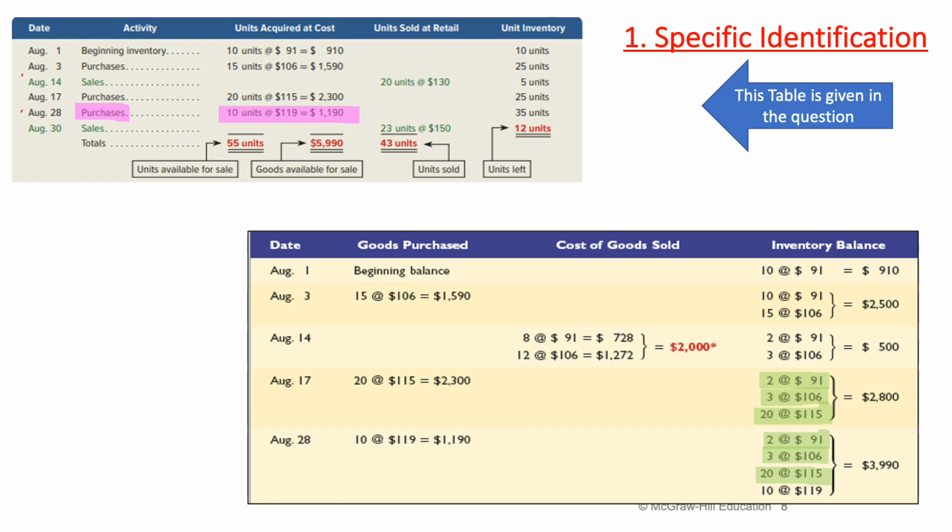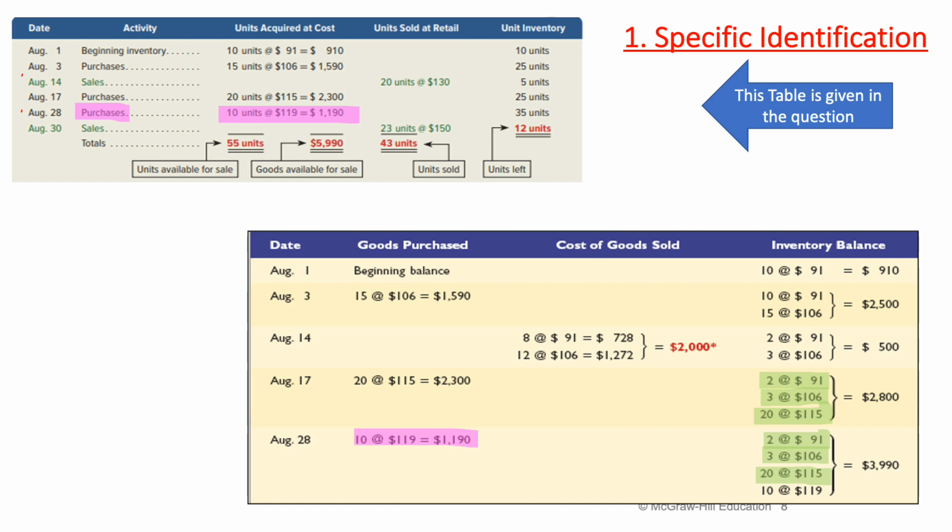I'm going to say August 28, and record the information under goods purchased. Why? Because whenever the company is doing purchases, you have to record it under the goods purchased column. Because the company is purchasing, the inventory is going to increase.